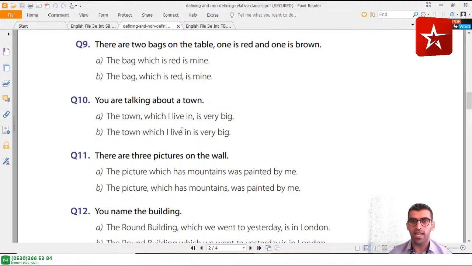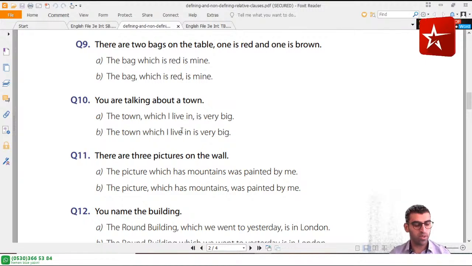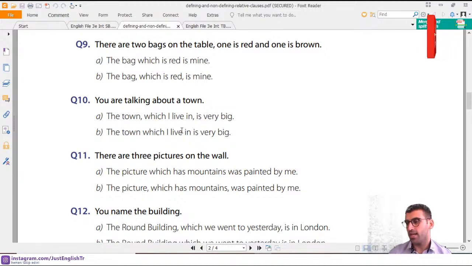One is red, another one is brown. The bag which is red is mine. So the correct answer for number 9 is A, because we have more than one option, like the bag which is red is mine, without comma. A is the correct answer.